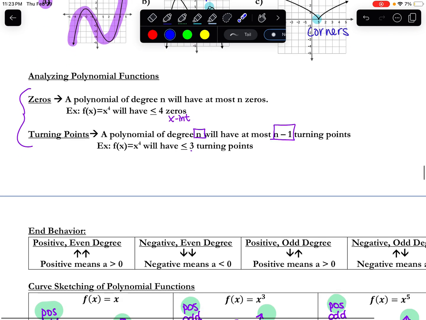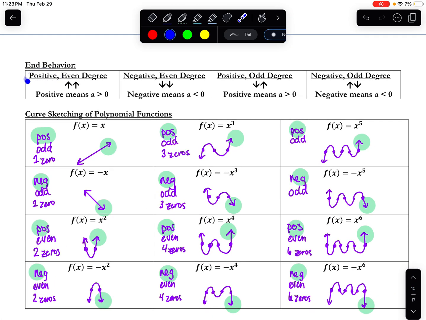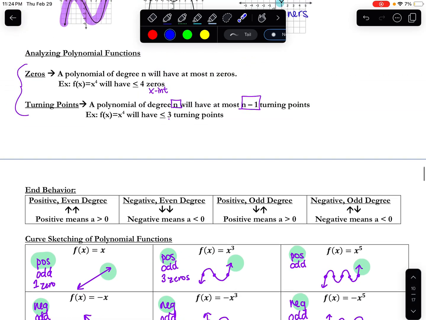Okay, so yesterday we talked about end behavior, right? Whether the function was positive even, negative even, positive odd, and so on. And we know that tells us what the ends of our polynomial graph are. Today we're going to look a little bit deeper into these peaks and valleys in the middle. We know the polynomial graph is going to go through the zeros up and down, and then our end behavior will pick up.